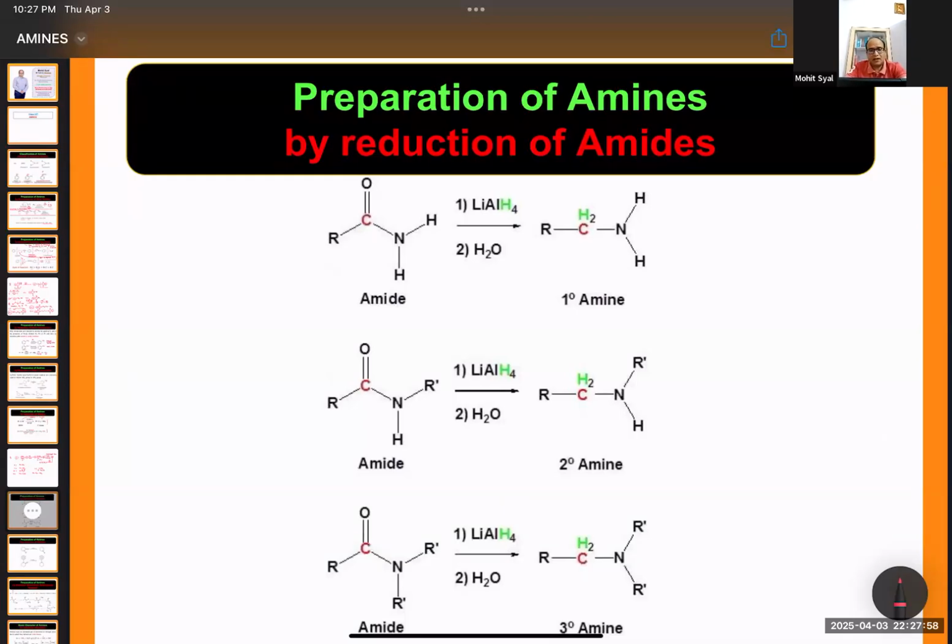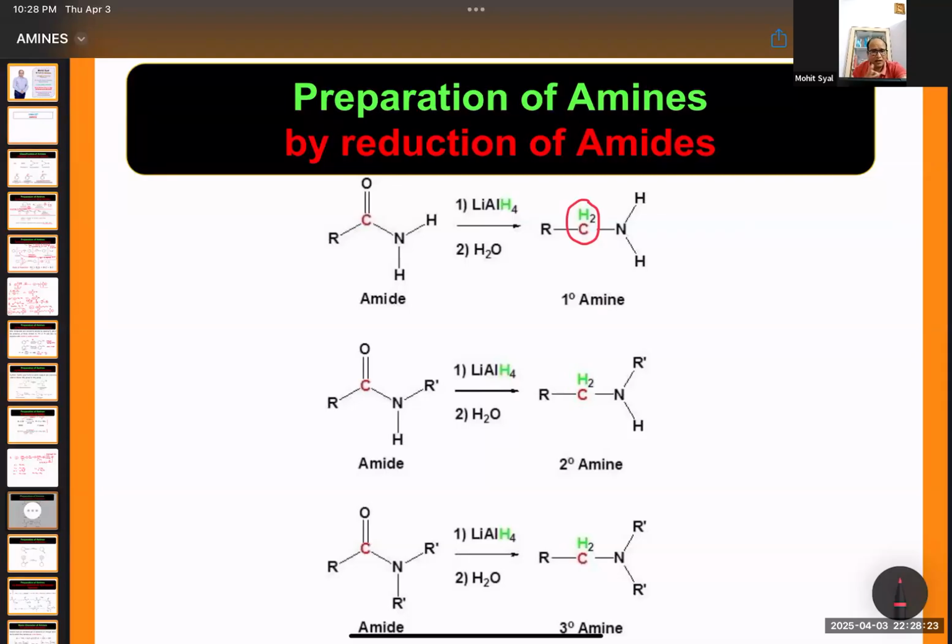The other functional groups are amides. Amides already have N, but you have C=O. So just reduce them with the strongest reducing agent, LiAlH4, and you are going to get the C=O changed to CH2, a primary amine.